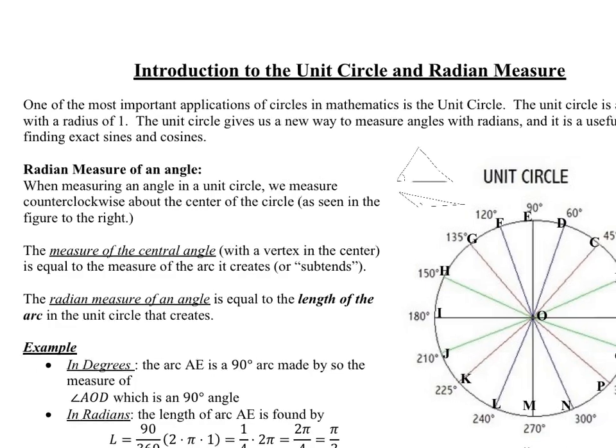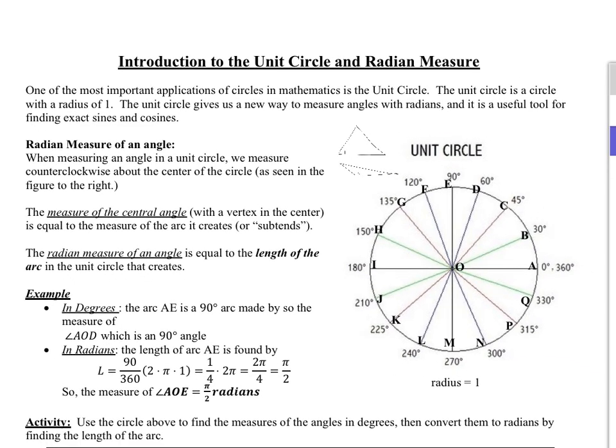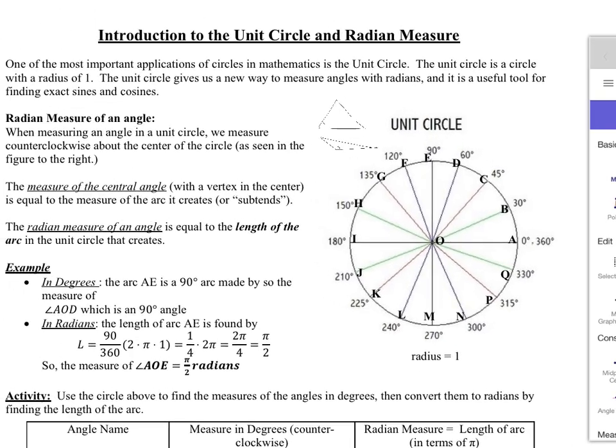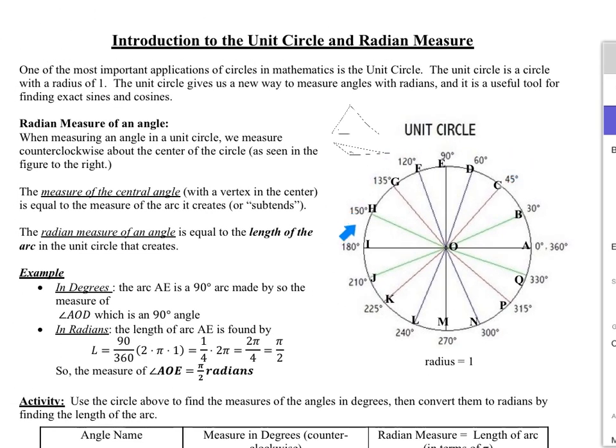So far, you've measured angles by degrees. And we know that a full circle is 360 degrees all the way around. Why 360? It seems like kind of an arbitrary number that somebody just made up. If you look back in history, it has something to do with a full circle.